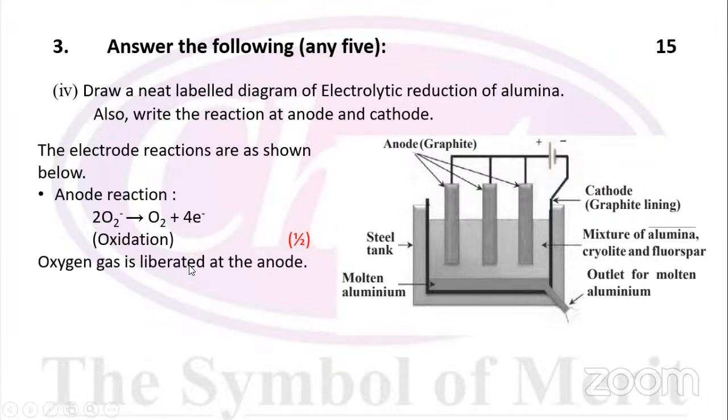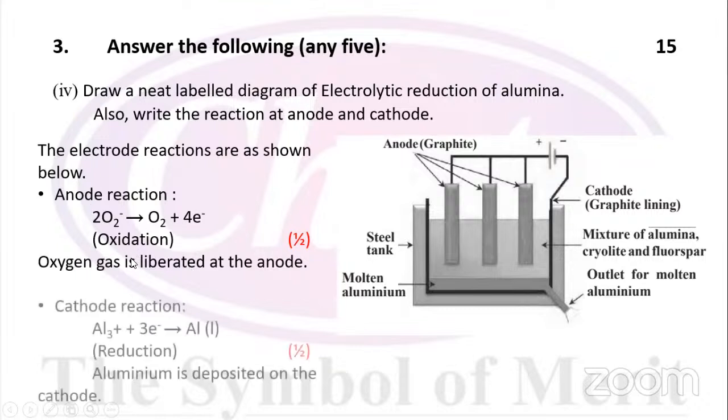The cathode reaction: Al³⁺ plus 3 electrons gives aluminium. Again, this is the reduction reaction. At the cathode, the aluminium is deposited on the cathode itself. In this way, you have to write down the chemical reactions.